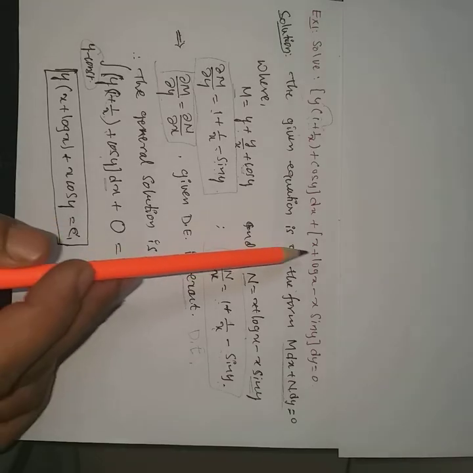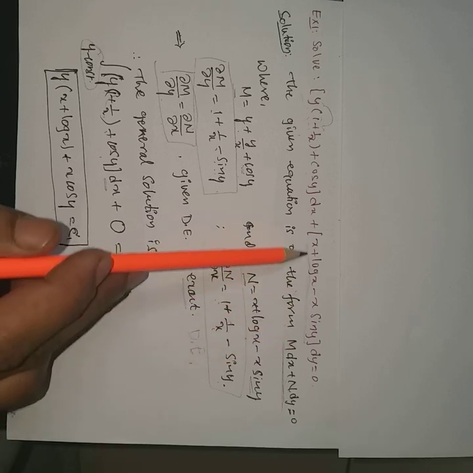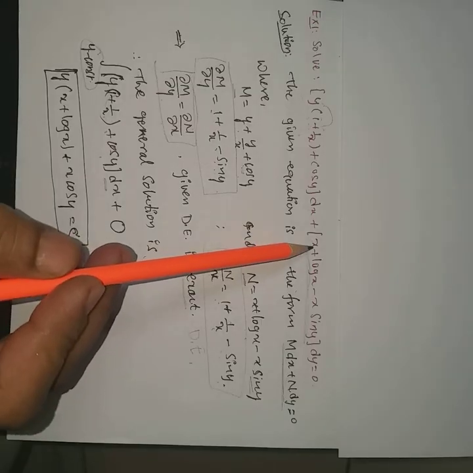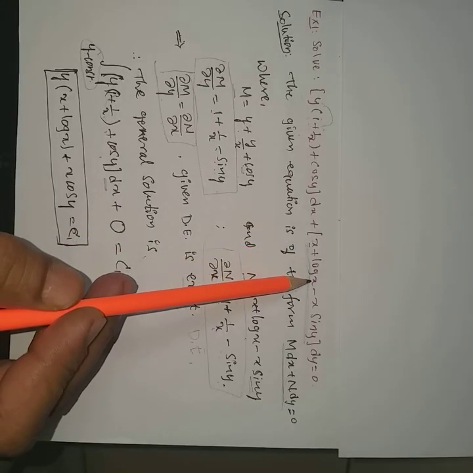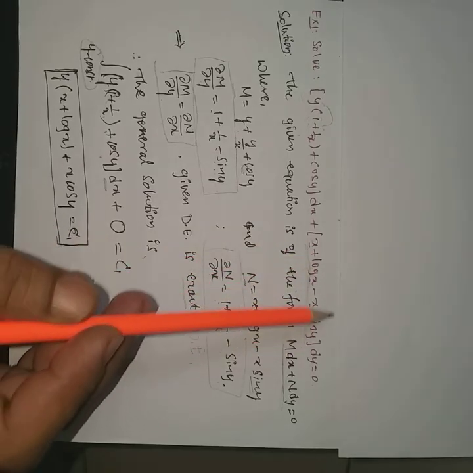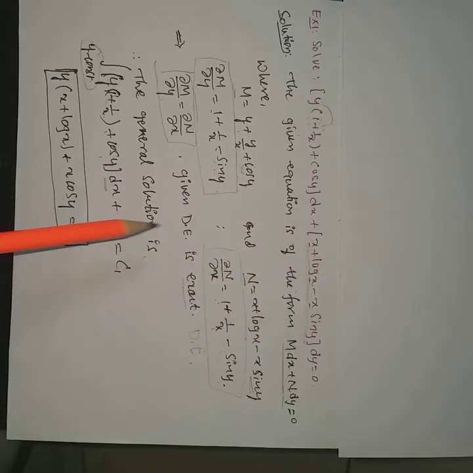Next, we integrate the coefficient of dy, that is N, with respect to y, considering only the terms not containing x. Here all the terms contain x, so no terms are free from x, and that is treated as 0.